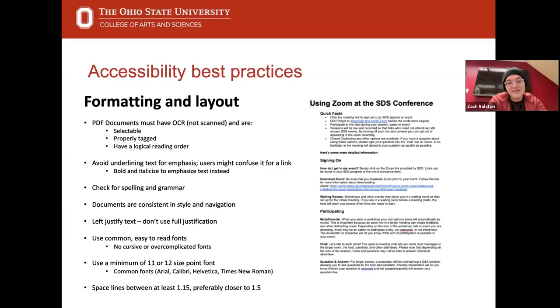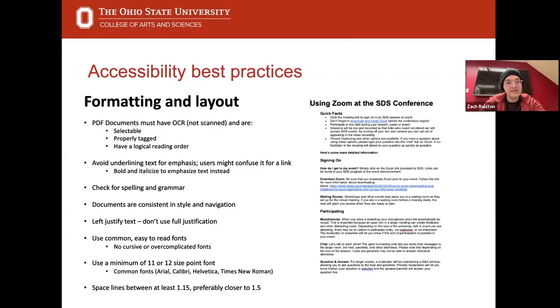Using common, easy to read fonts. You want to avoid any fonts that are decorative, cursive, things like that. You just want to stick with safe common fonts like Arial, Calibri, Helvetica, Times New Roman, or whatever it is you're doing. It's not just because it's conventional, but it makes it easier to read for people who have a disability.